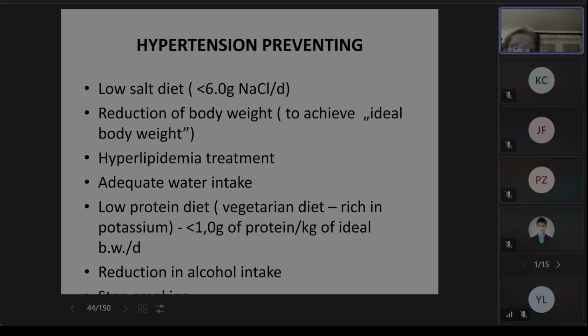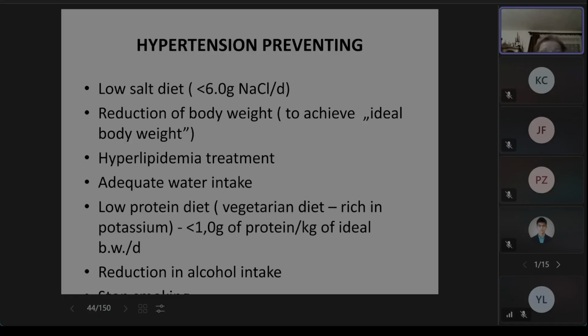There are some recommendations which can prevent forming hypertension. First of all, a low salt diet. That means that the intake should be lower than 6 grams of sodium per day.